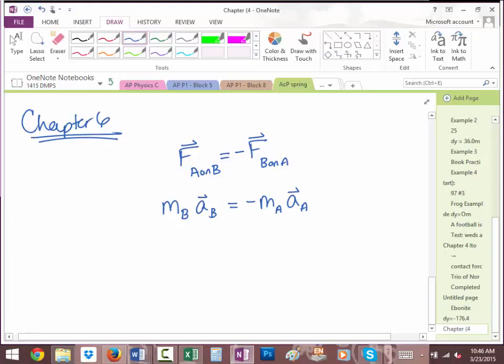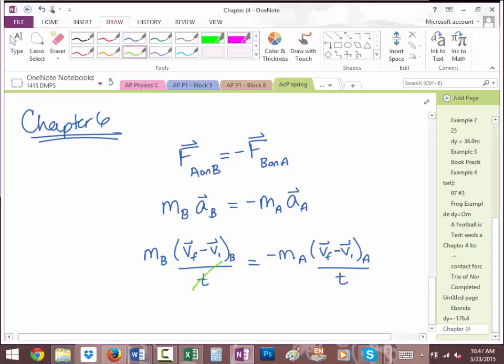It's going to be a little ugly for a second, but play with me for just a minute here. m_B times the final velocity minus the initial velocity for object B divided by time is equal to the opposite of m_A times velocity final minus velocity initial for A divided by time. Is that okay? How do these times compare? They cancel out because they're the same, because we're only going to push for the same amount of time, so I'm just going to get rid of them. See you later. We don't want you.